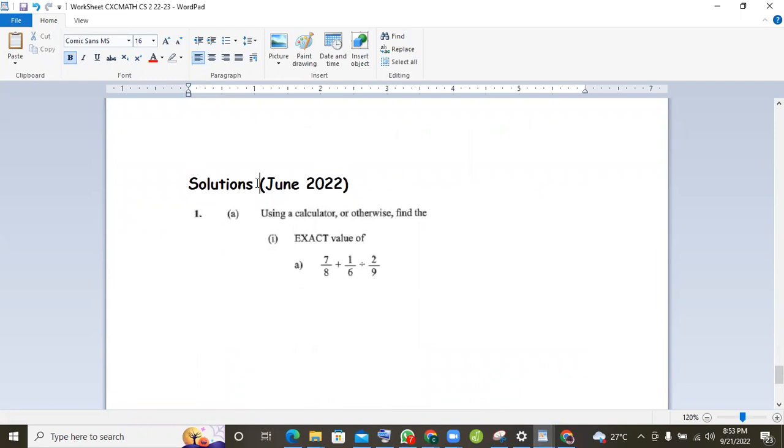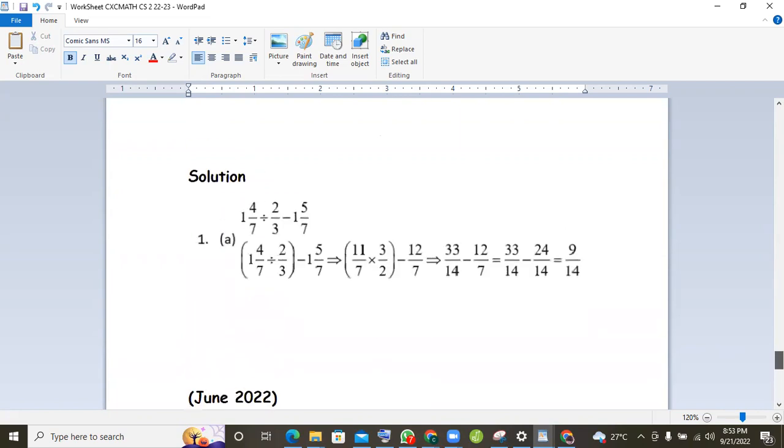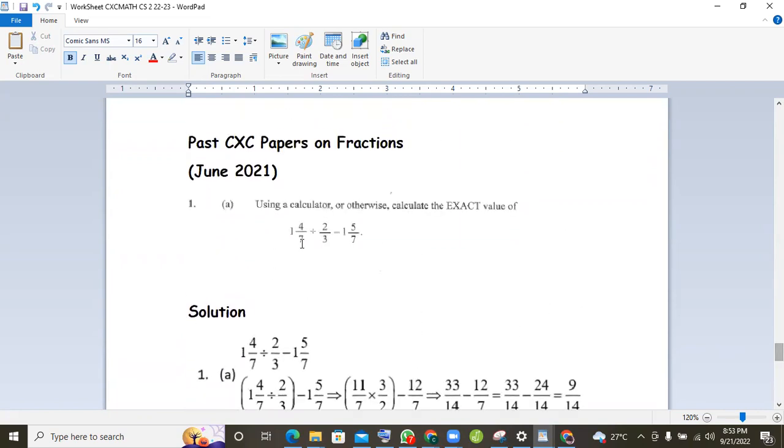Just leave that as June 2022. And here just put solution, pending to do. So we check out this one. In the meantime, you can revise the July 2021 solution. And you can do that for the other years.